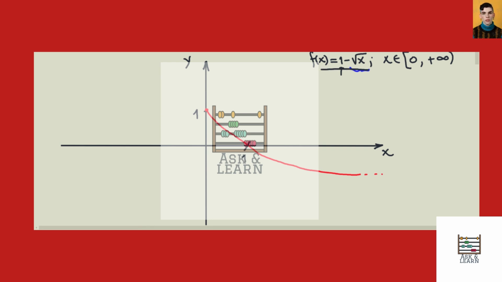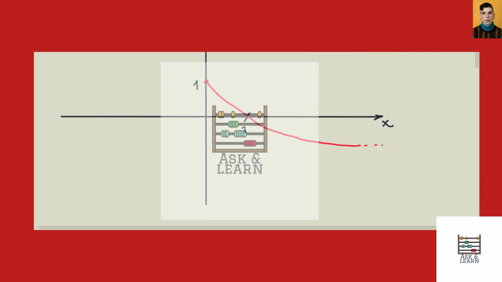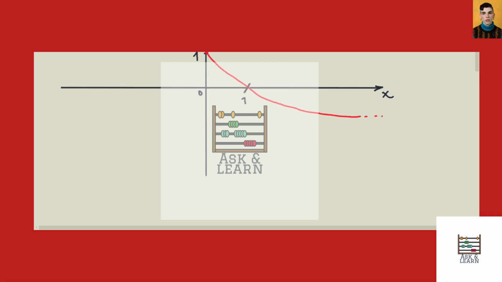And after that, the function is decreasing all the time without any bound. So we have a function which is always decreasing. At 0, we have value 1. At 1, we have value 0. And the function decreases without any bound.